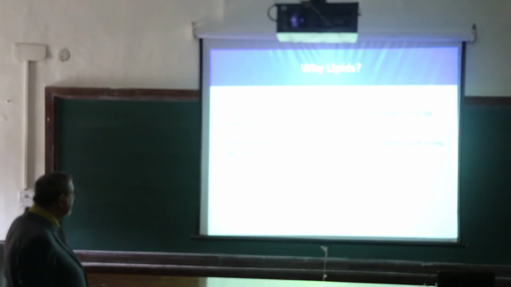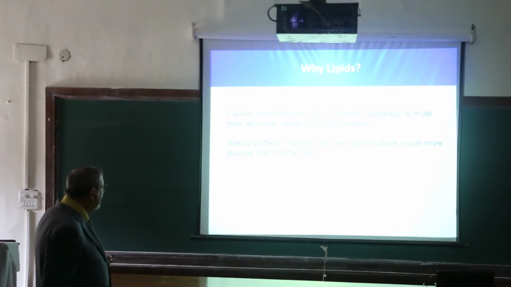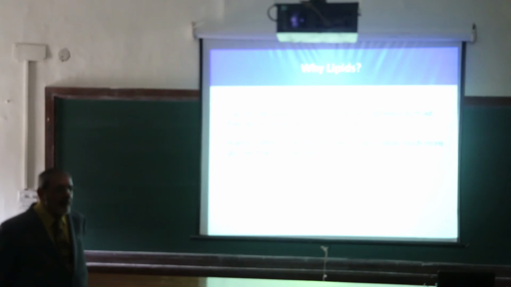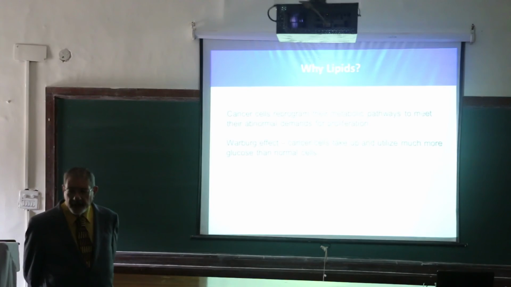And now let's take a look. There's something called the Warburg effect. Cancer cells take up and utilize much more glucose than normal cells, and they make much more lipids. Otto Warburg, who won the Nobel Prize in Medicine in 1931, realized this by observation and came up with a theory of cancer. His theory was that it is a sickness of the mitochondria.